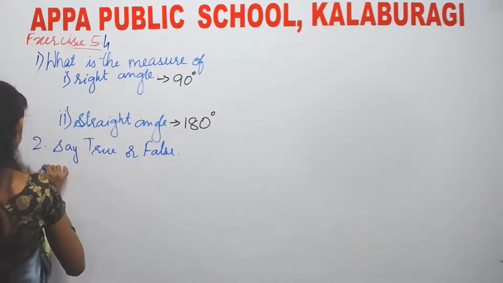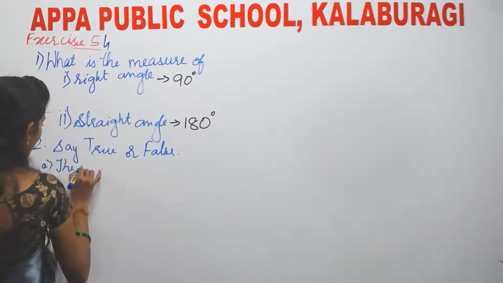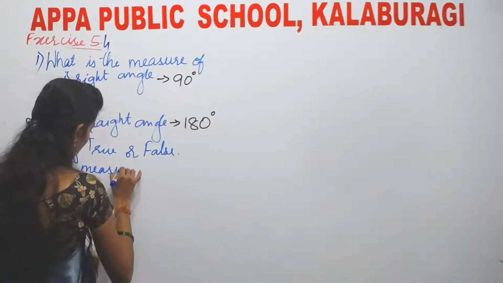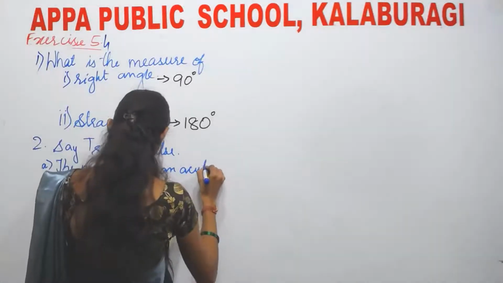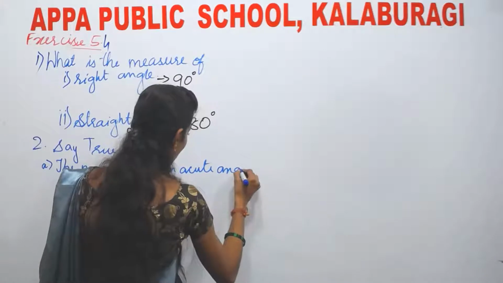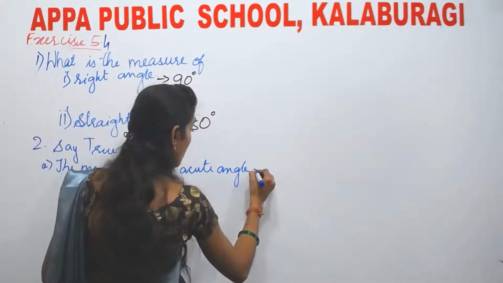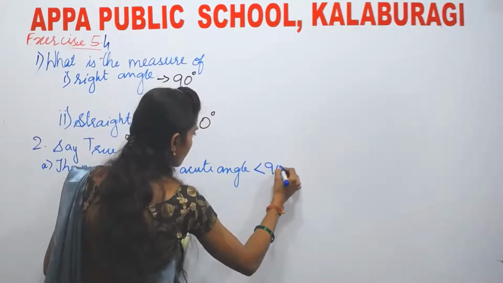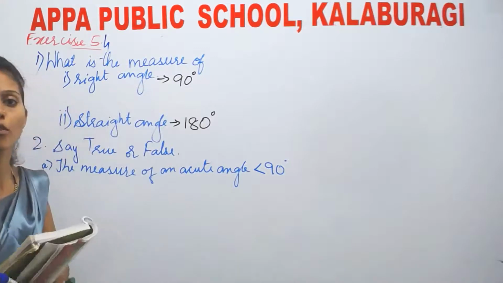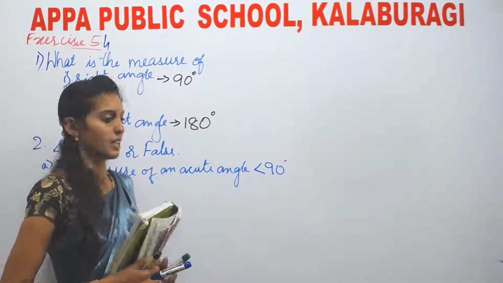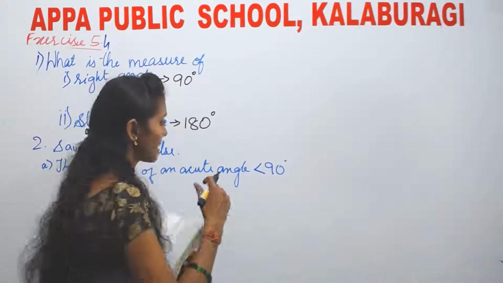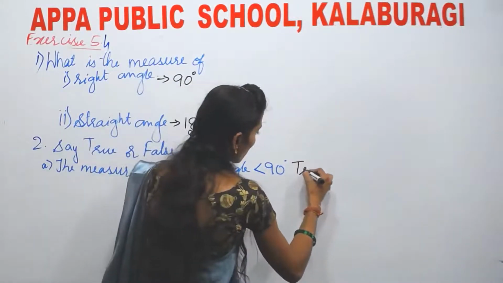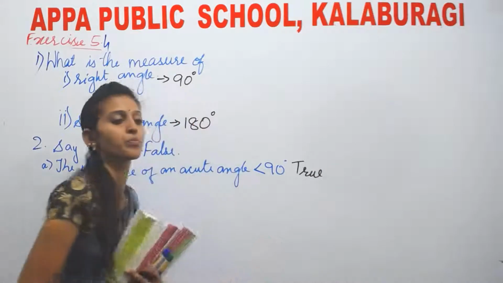First one. The measure of an acute angle is less than 90 degree. Is it true or false? The measure of acute angle is always less than 90 degree. So therefore, it is true.